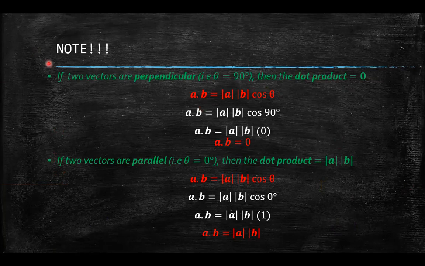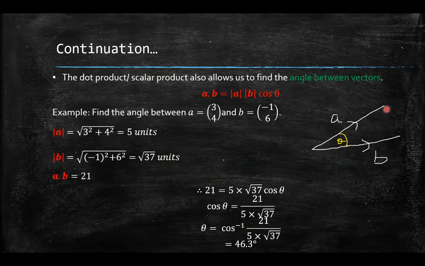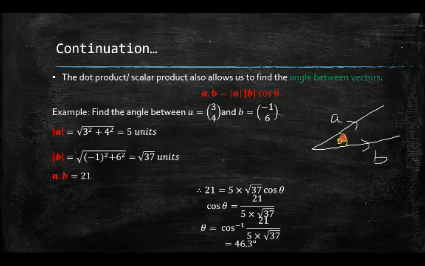So if two vectors are perpendicular, we said that the angle between them would be 90 degrees, right? Look at these two vectors here, when I drew them to show you that it's really the angle between the vectors we're trying to find.